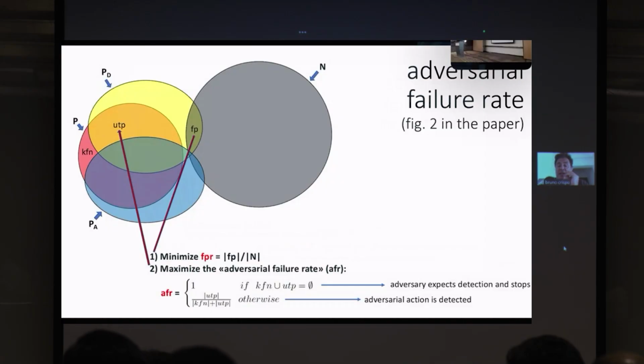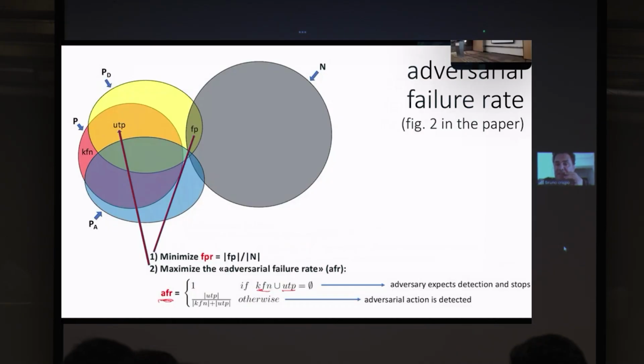In case the FN and the unknown TP are empty, so there are no anomalies there, it's always 1. So this is the case where you cannot find an adversarial example.